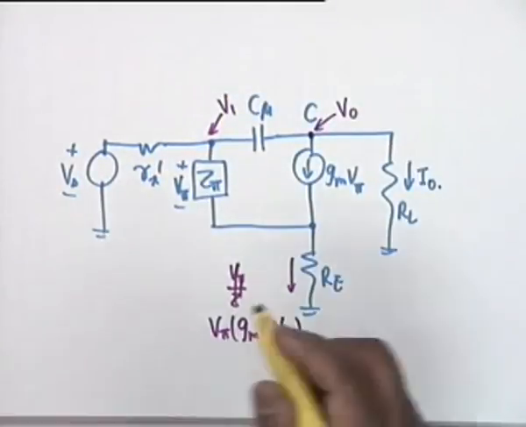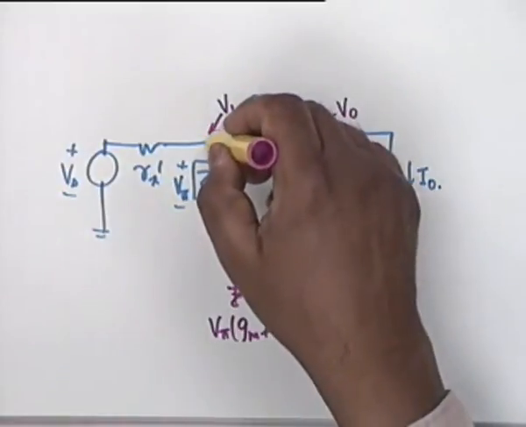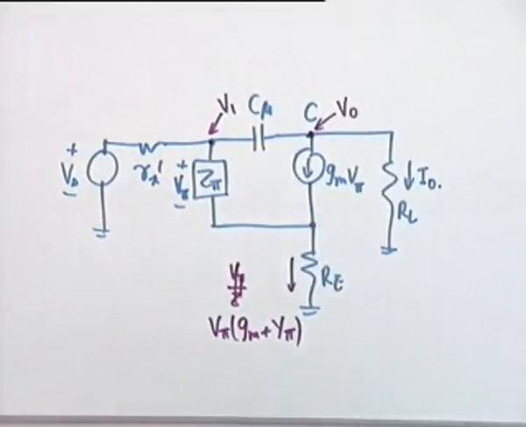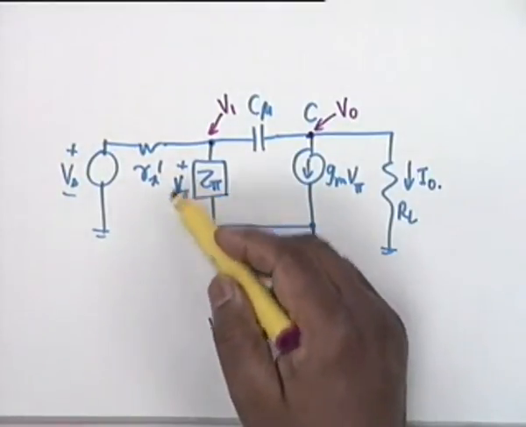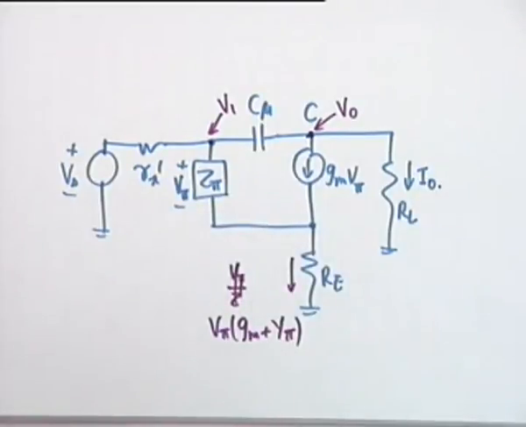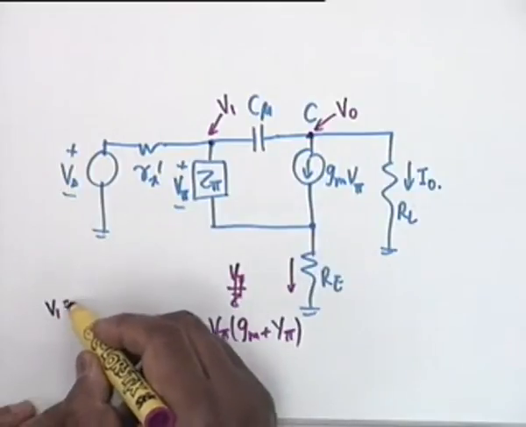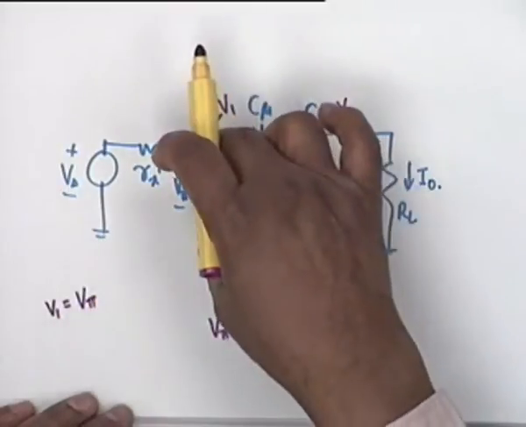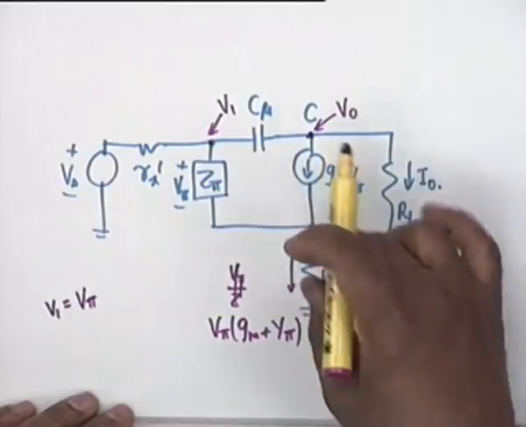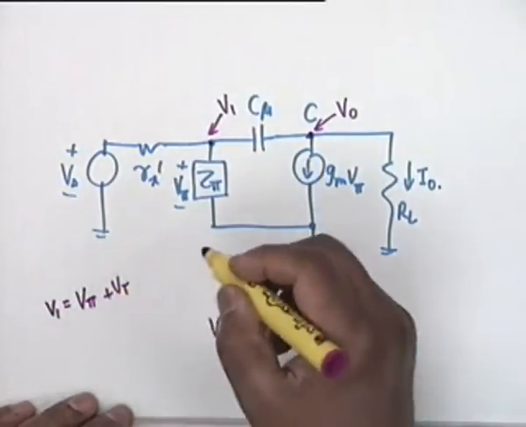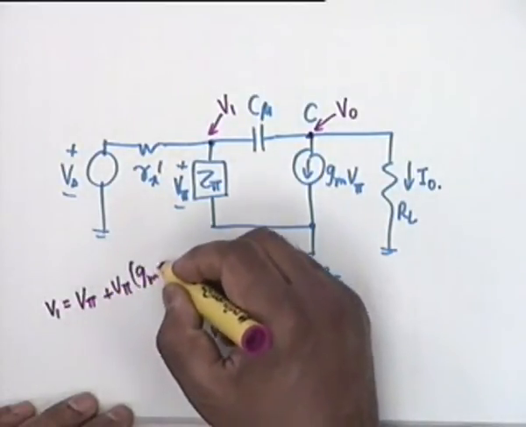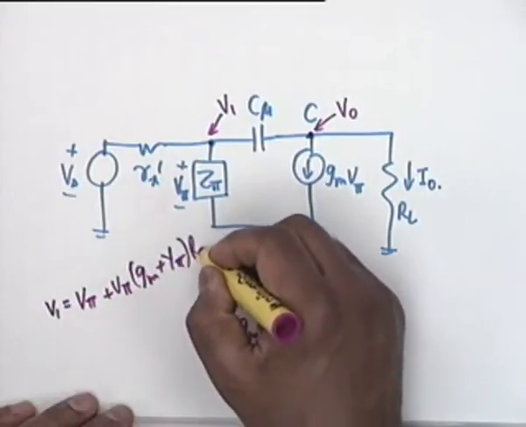Then I can write a node equation here and a node equation here. Two node equations. Will that solve the problem? No, there is an unknown quantity V pi here also, but you notice that V1 is equal to V pi plus V pi (GM plus Y pi) multiplied by RE.